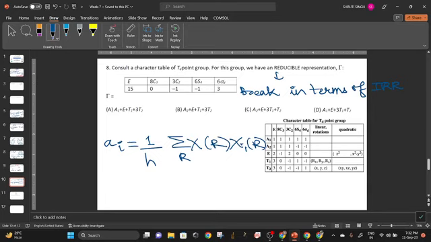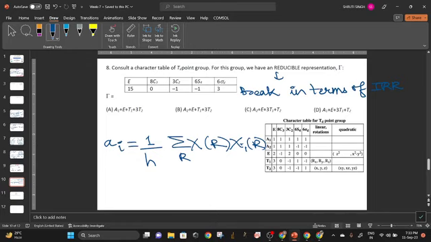So chi r means these characters and chi ir means the characters from this character table.